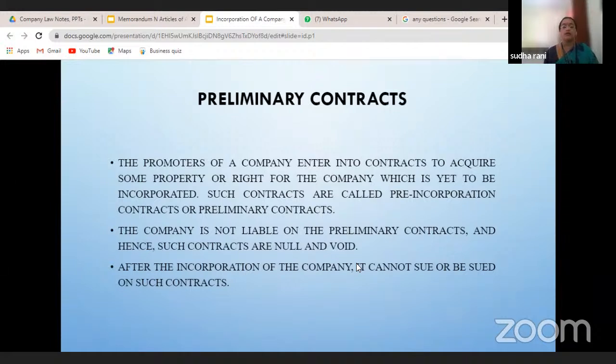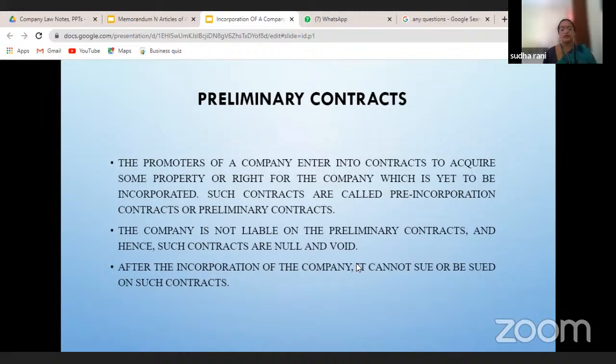These pre-arrangements or pre-contracts which are entered by the promoter for acquisition of land, property, or labor are said to be preliminary contracts or pre-incorporation contracts.